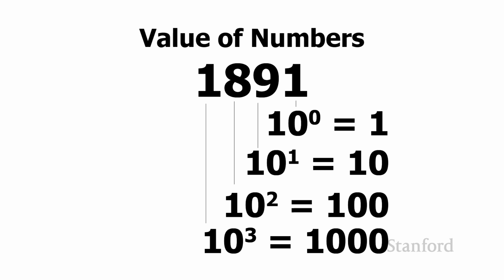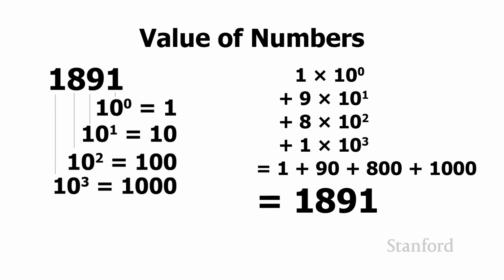The second number over, the 9, represents our 10 to the 1st power, or our tens. The 8 represents 10 to the 2nd power, or hundreds. And the 4th number over represents 10 to the 3rd, which is 1,000. So if I'm looking at 1891, I know I have 1 10 to the 0th power, 9 10 to the 1st powers, 8 10 to the 2nd powers, and 1 10 to the 3rd power. So I have 1 plus 90 plus 800 plus 1,000, which gives us 1891.